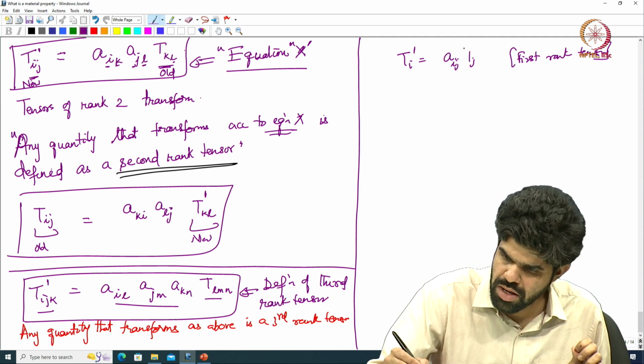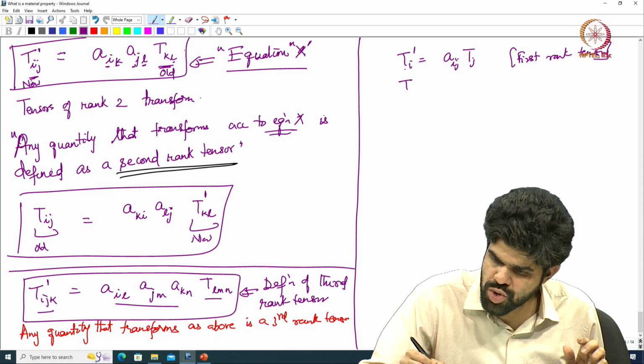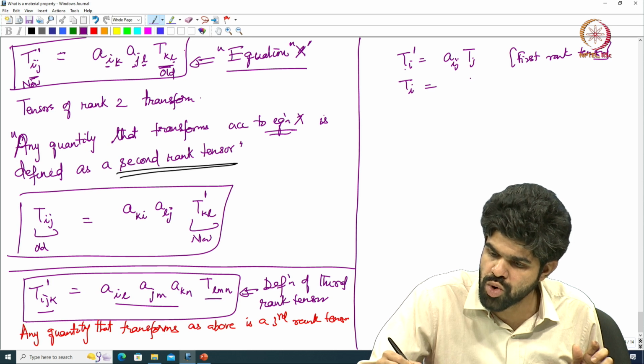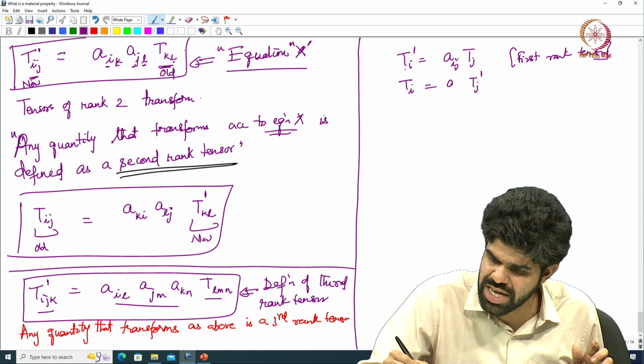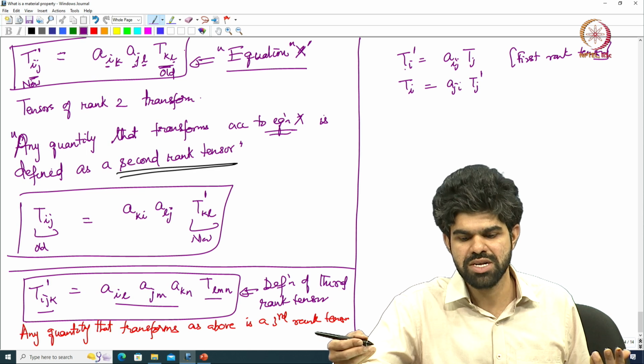This is old to new, but I can also do new to old: T_j = A_ij T'i. So, this is how a first rank tensor will transform.